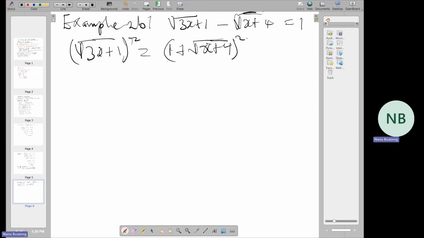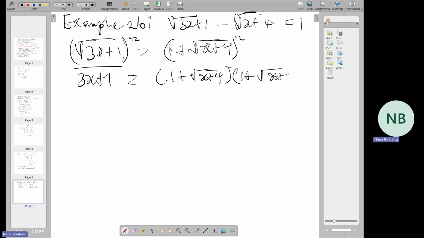If we square both sides, the left-hand side becomes 3x plus 1, which is equal to, let's do this step by step, the square of 1 plus square root of x plus 4, times 1 plus the square root of x plus 4.